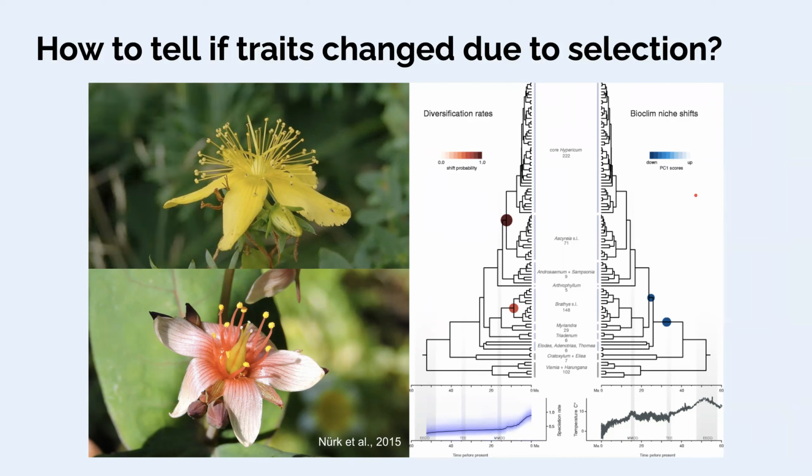So here we've got some coloring on the ancestral nodes of this tree into these different members of the family Hypericaceae, the St. John's worts. If you've got increased speciation, that can support the idea that the evolution of a new feature was advantageous and potentially under selection.